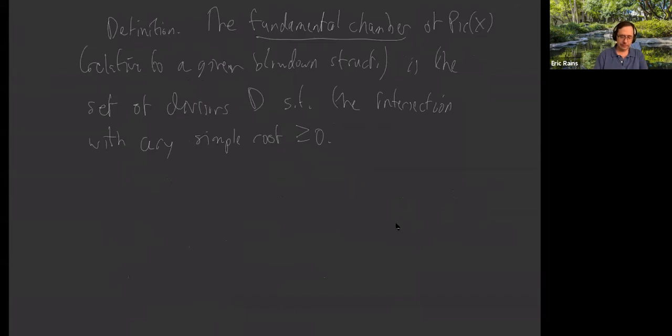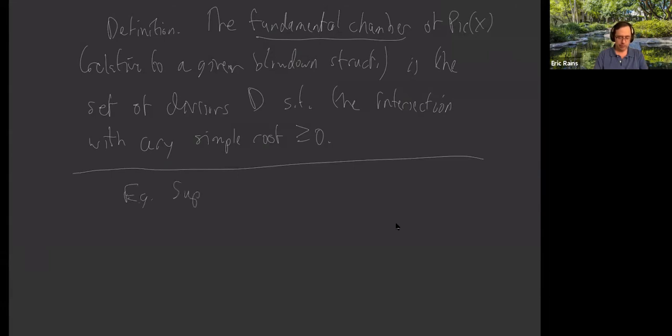And the key point is that there's an algorithm for reducing things to the fundamental chamber, which is basically you start with any divisor, look for a simple root that it has negative intersection with, and reflect. Now, the issue is always that you can't always reflect, and so there are always some extra pieces of the argument, depending on exactly what you're trying to do, that take into account when you can't reflect. So let me give an example.